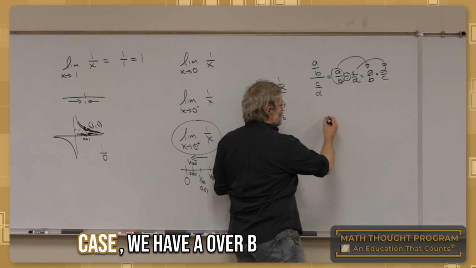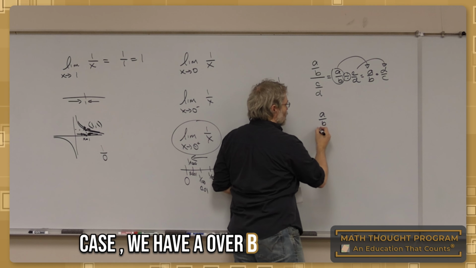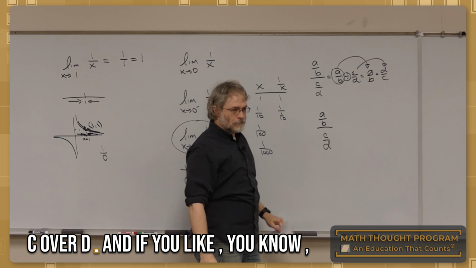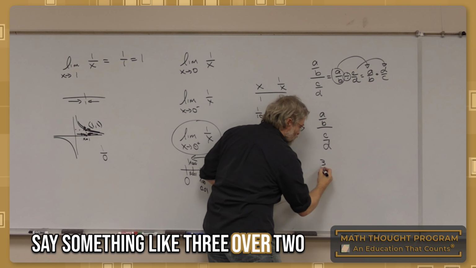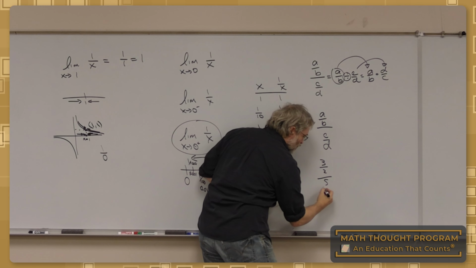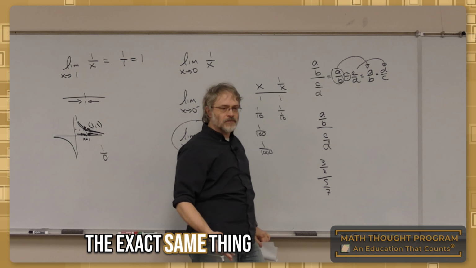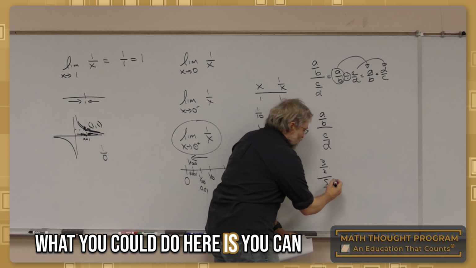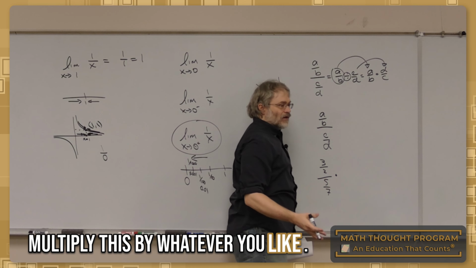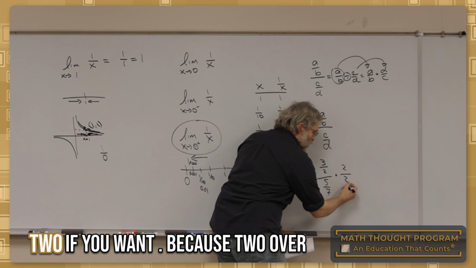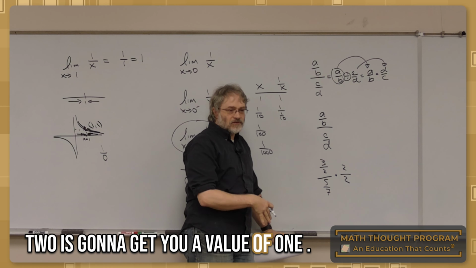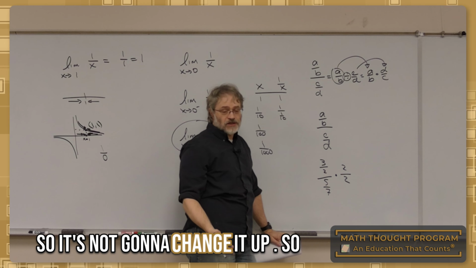So in this particular case, we have a over b over c over d. And if you like, say something like 3 over 2 over 5 over 7, it's going to echo the exact same thing. What you could do here is multiply this by whatever you like. You can multiply this by 2 over 2 if you want, because 2 over 2 is going to get you a value of 1, so it's not going to change it up.